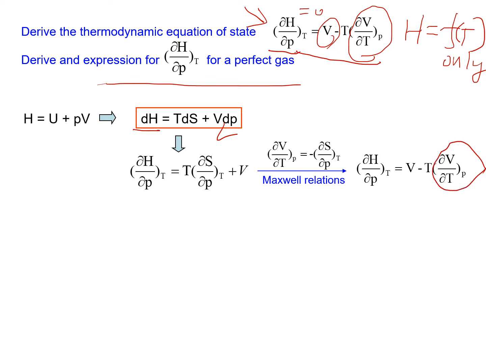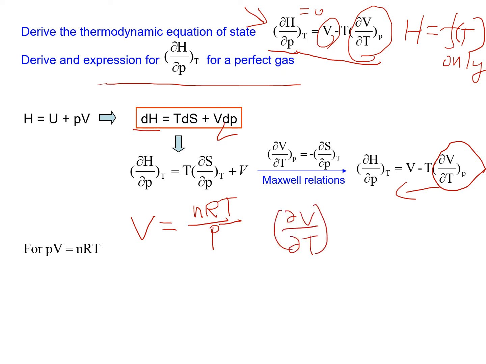We start with the ideal gas law, PV equals nRT, so volume equals nRT divided by P. This derivative means the volume derivative over temperature under constant pressure.